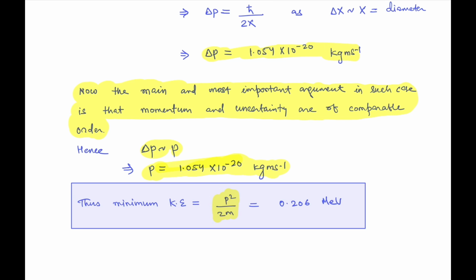And when you again do the basic mathematics, you put the value of mass of proton, you get the kinetic energy to be 0.206 million electron volt. For the basic calculation, we are not going to do that, because for that we are allowed to use our calculator, and every basic data will be given in the question paper itself.